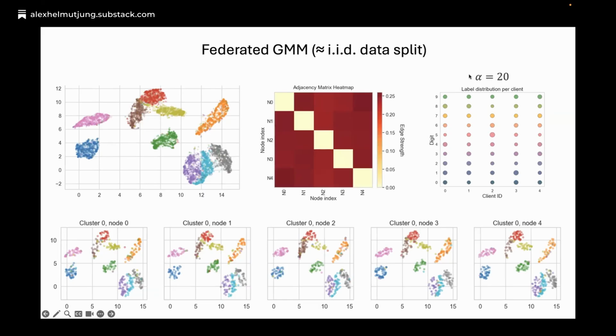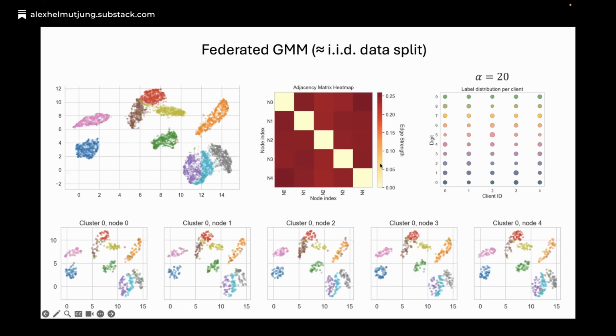So the higher alpha, the more similar the local data sets. For example, here is a schematic illustration. We have a client ID and we have digits, and the size of this ball corresponds to the number of data points belonging to a certain digit. So we can see here that the way the data is split is, if we can say, approximately IID.